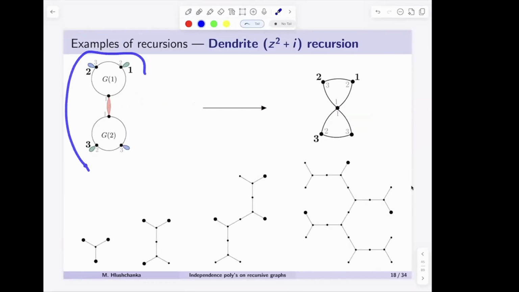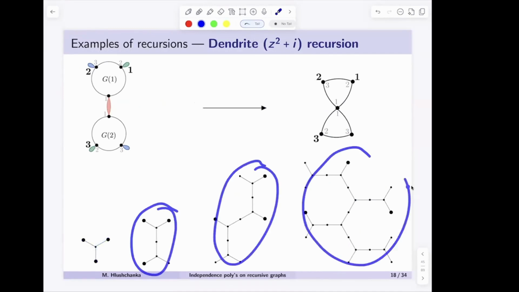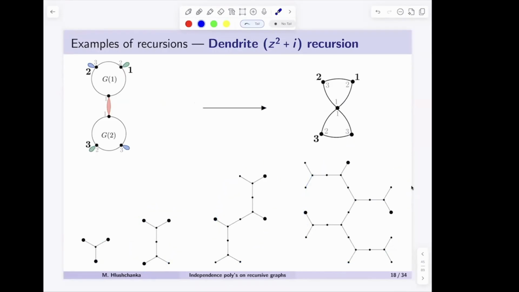Maybe let me show you another picture. This gluing scheme, or the simplified version, corresponds to the dendrites that you get by looking at the Hubbard tree for z squared plus i, and then iteratively taking the pullbacks, the preimages. So basically, if you think of this tripod as being your Hubbard tree for z squared plus i, then these pictures correspond to the corresponding preimages of the Hubbard tree.